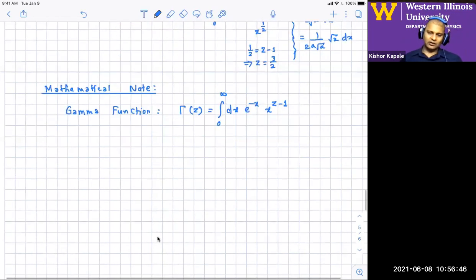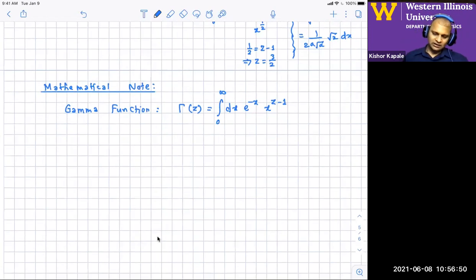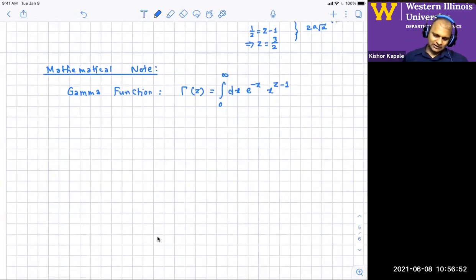But you don't always have to do the integral. The gamma function has been studied in quite a bit of detail, and here are some important properties of the gamma function. It turns out gamma of half is equal to square root of pi, and once you know that value, you can actually calculate all of the other ones. And gamma of 1 is equal to 1.